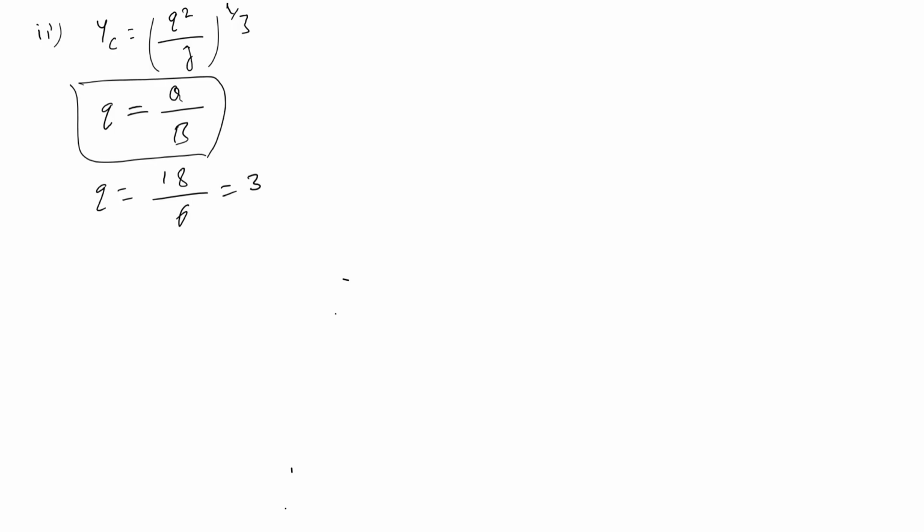We will get 3. Now, Yc is equal to 3 square divided by g is 9.81, that's whole raised to 1 divided by 3. After simplification, we will get critical depth equals to 0.972 meter.